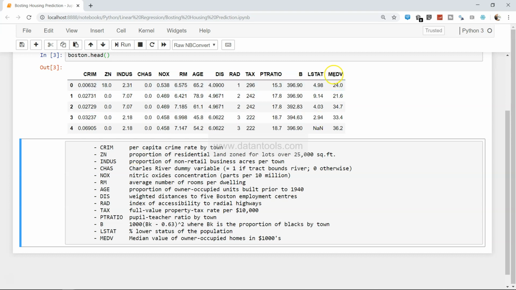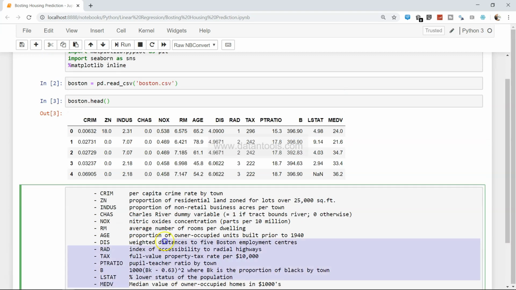And this column MEDV is the median value of owner-occupied homes in thousands of dollars. So it's nothing but the price, right? You can even change this column name to price, but I'll keep it as it is since we have the representation over here.